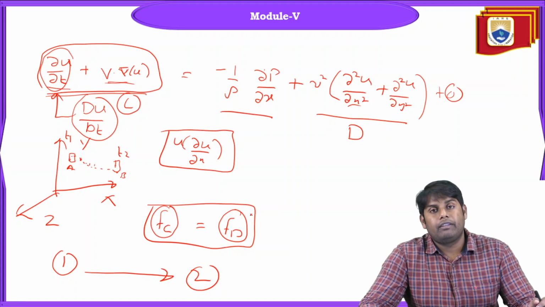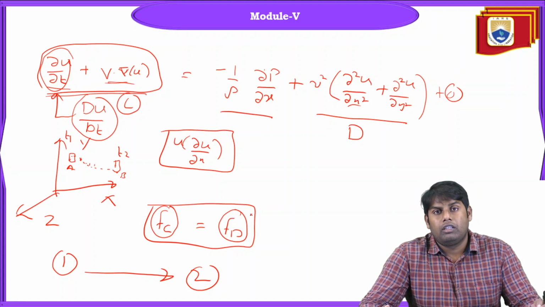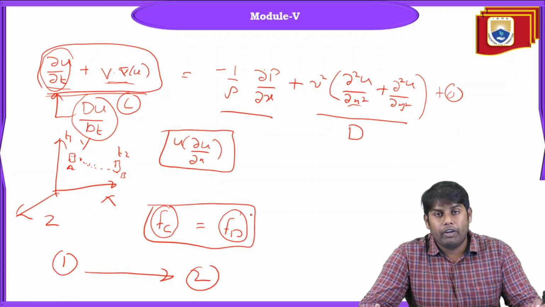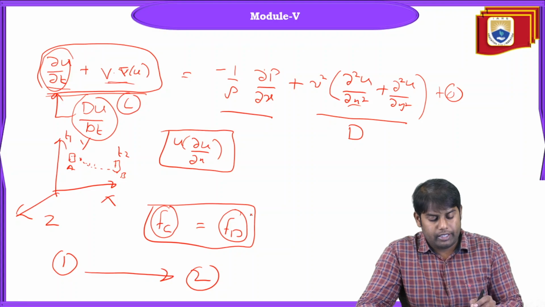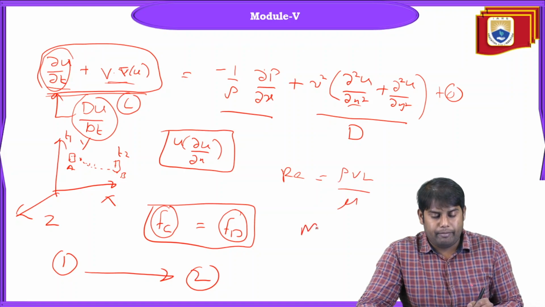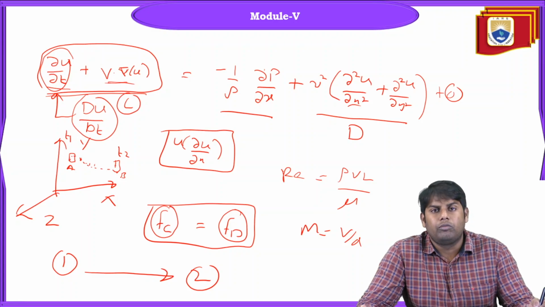I'll give examples. For low speed flow, or low Mach numbers, let's say low subsonic Mach numbers, what happens? You have diffusive force very high. Why? Let's say you have the Reynolds number, which is ρvL/μ, and the Mach number, which is v/a. Here v is the velocity of the fluid or velocity of the object.